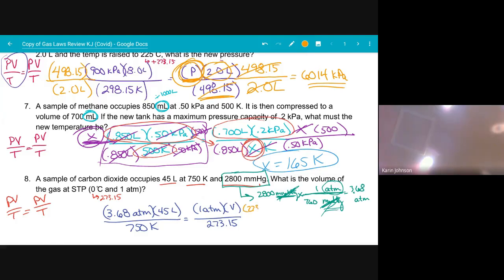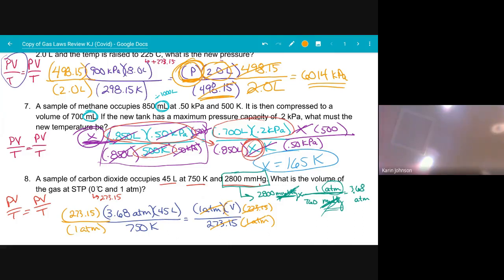I'm going to do 273.15 on the top and cross them off. And then I'll do 1 atmosphere on the bottom. Didn't really need to do that since it's just the number 1, but just showing you how you would do it.